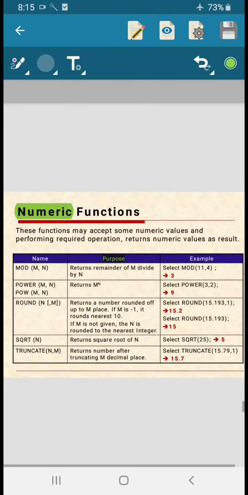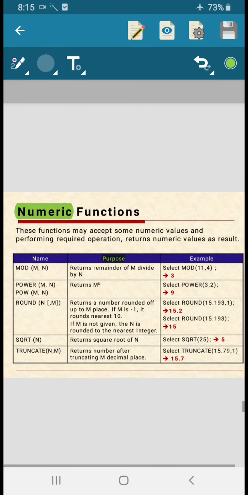The first one is the mod function: mod of m comma n is the syntax. It returns the remainder value. Remember this point, it returns the remainder value. Let us see this example: select mod 11 comma 4. 11 is the m value and 4 is the next value, like 11 modulus 4.